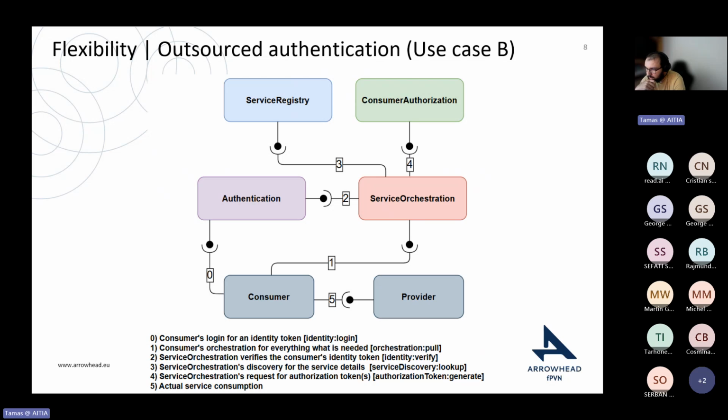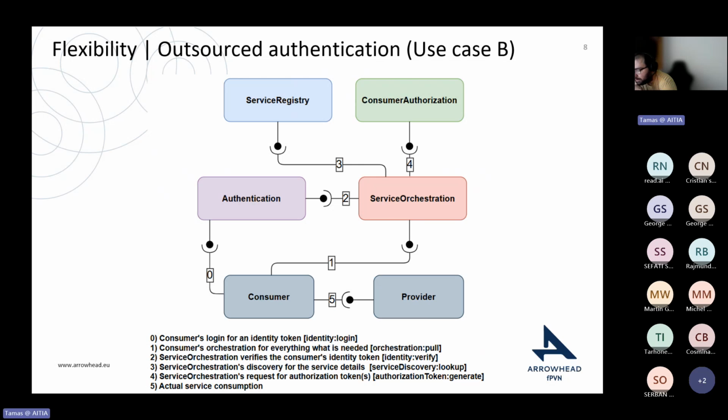An important note is that this identity token should never be shared with other application systems, I mean with a consumer or provider. This identity token should be shared only with the trusted core components, the core and support systems, in order to prevent any kind of identity theft.